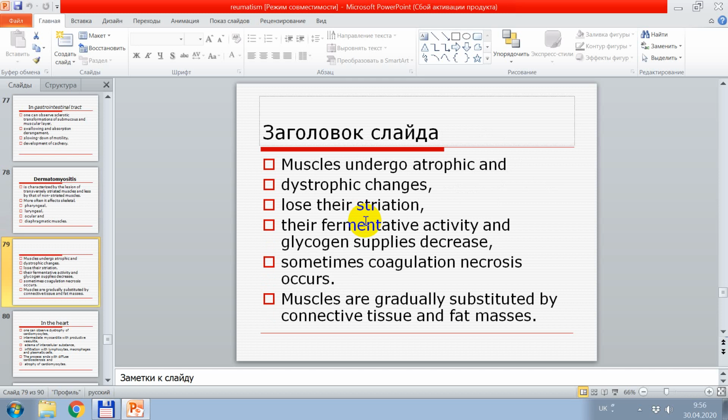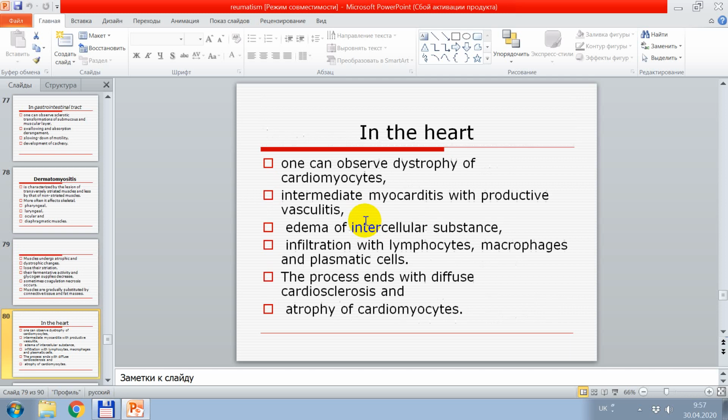Muscular atrophic and dystrophic change occurs, the striation is lost, and the fermentative activity and glycogen supply decrease. Sometimes coagulation necrosis occurs. Muscles are gradually substituted by connective tissue and fat masses.